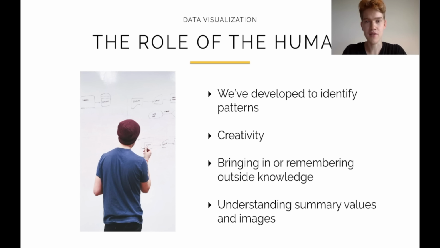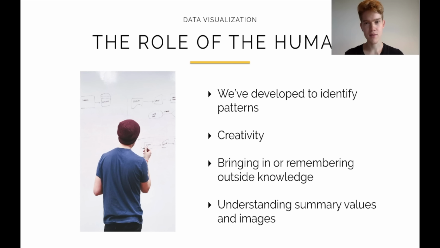Now, what role should a human play in terms of data science? Well, humans have naturally developed to identify patterns, and we've done this first for survival, so that if we're walking around somewhere and we see a big predator hiding, we can identify that pattern of the predator, and we can pick it out even though it's trying to camouflage itself.